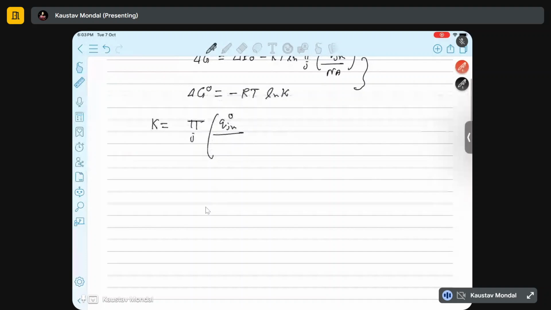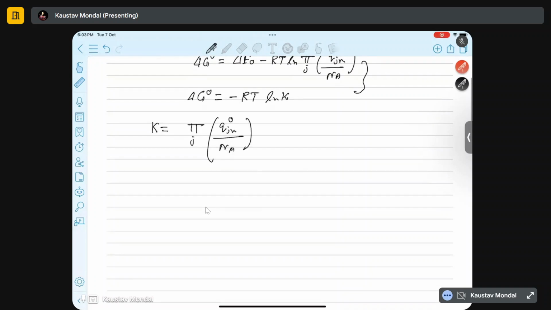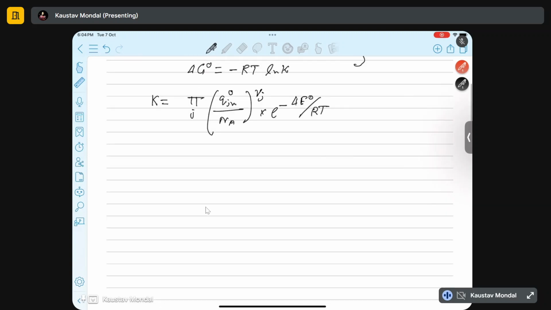Because of that, we denote all the changes using a suffix 0. So K equals the product of QjM0 by Na to the power nu j, into e to the power minus delta E0, the change in internal energy, by RT. This is the expression of the equilibrium constant.